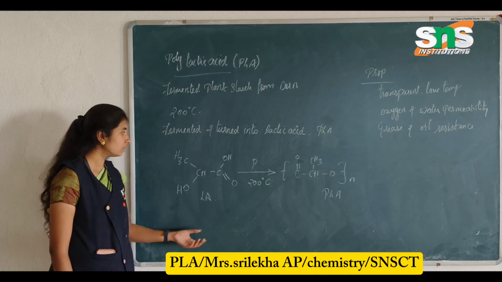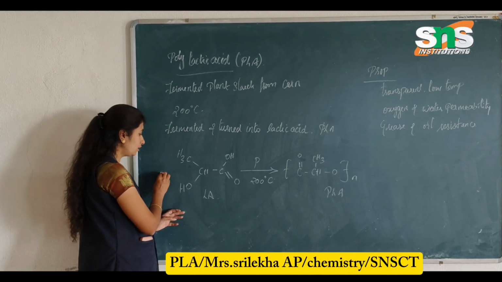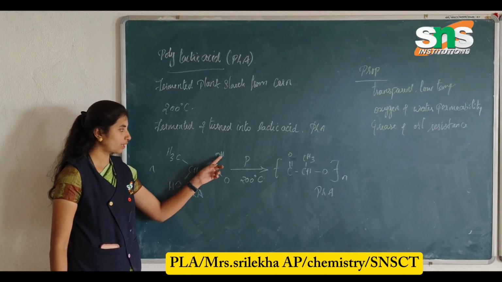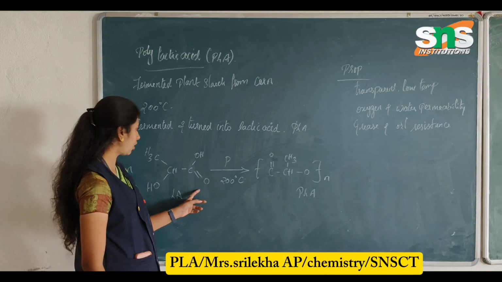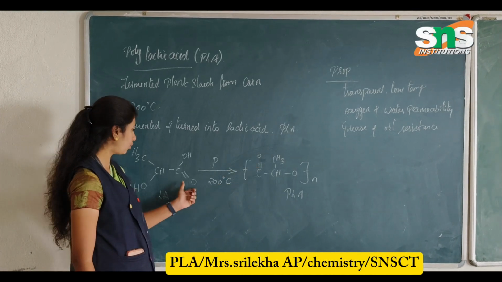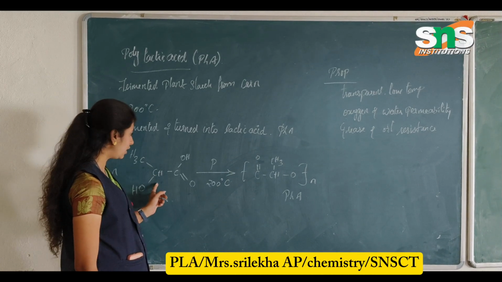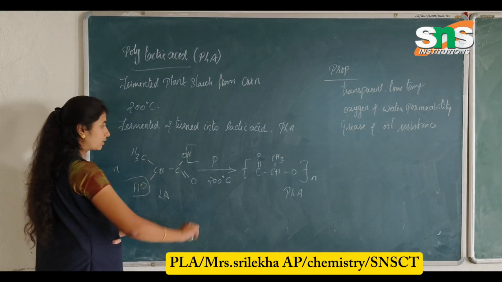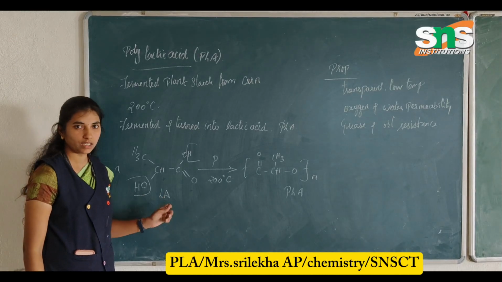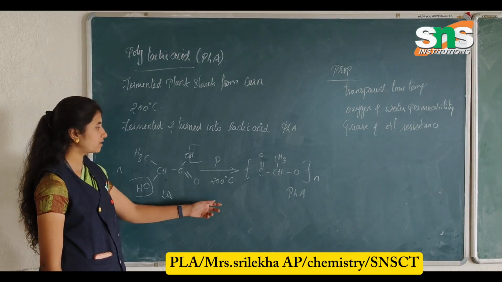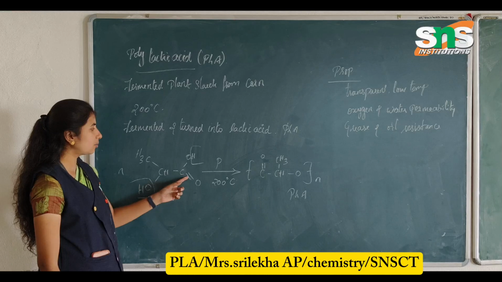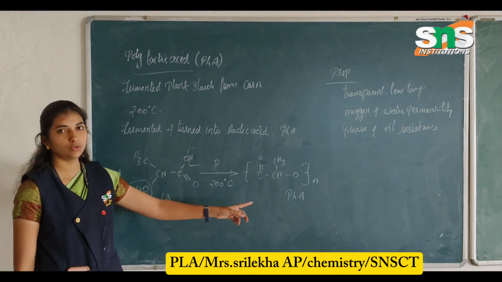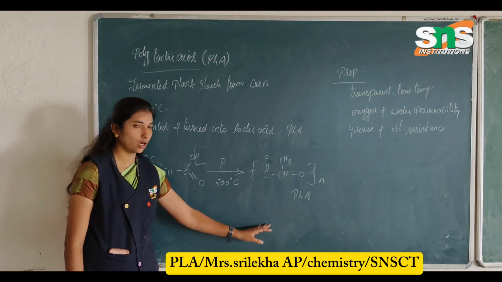The CH3, HO, CH and C=O OH units combine with the release of an H2O molecule, and we get the structure with CH3, C=O and a single-bonded O in the form of repeated units of n, which is the structure of polylactic acid.